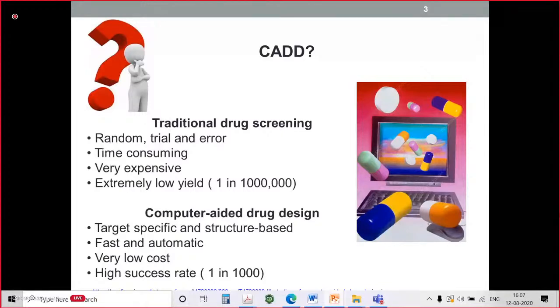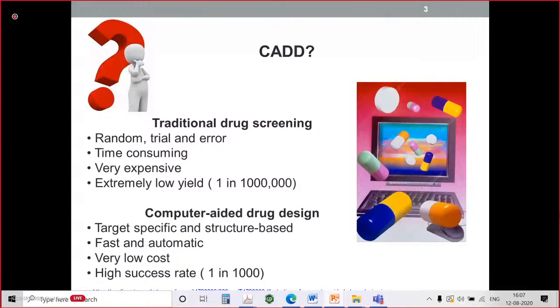In this case, computer-aided drug design can help, as I told you earlier, because there is some logic behind it. It is very specific for a particular target or a particular ligand or molecule, so it becomes easier for us to design the relevant molecule, which means it becomes faster.